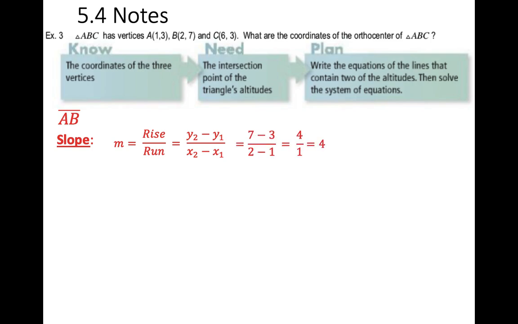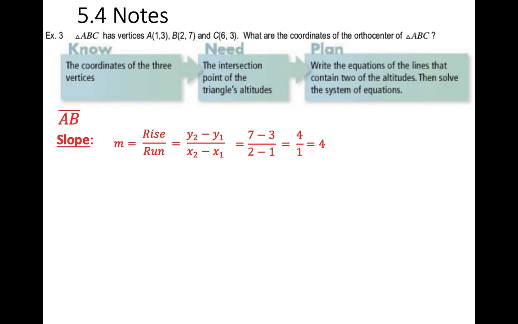B has the points 2 and 7, and A has the points 1 and 3. So when I plug those in, I get 4 over 1, or 4. So I know the actual slope of AB is 4.